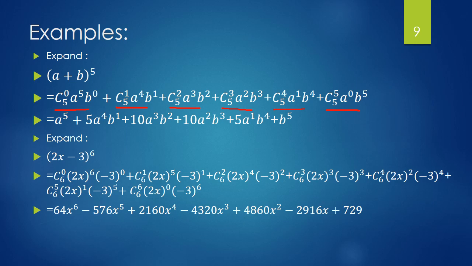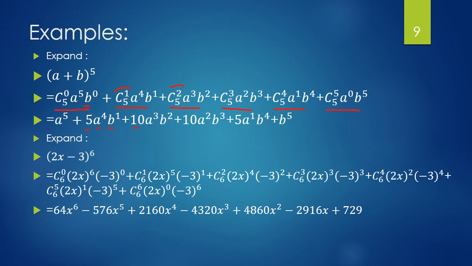Then using a calculator, we can calculate the value of each combination. C(5,0) equals 1, a^5 b^0 is 1. C(5,1) equals 5, a^4 b^1. C(5,2) equals 10, a^3 b^2, etc.